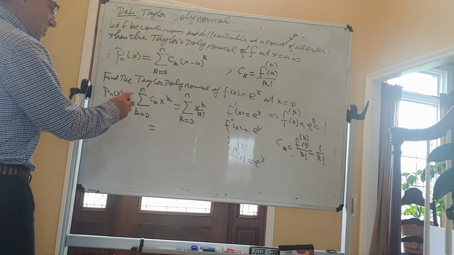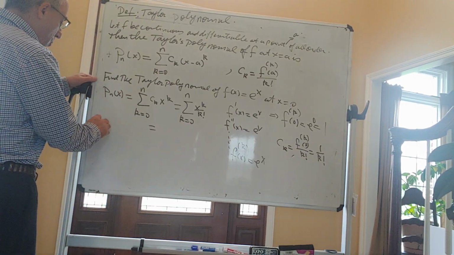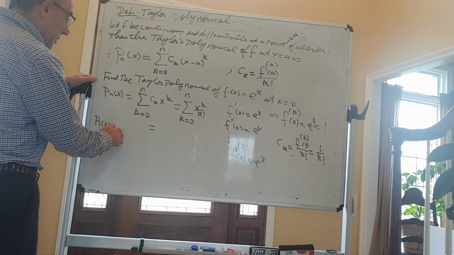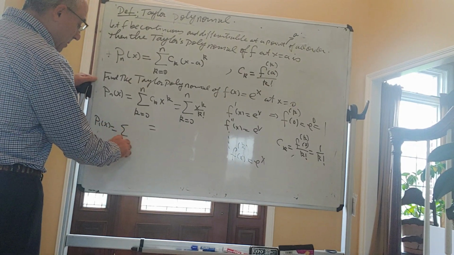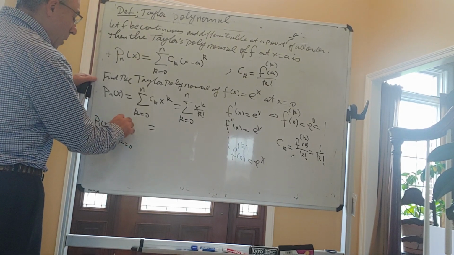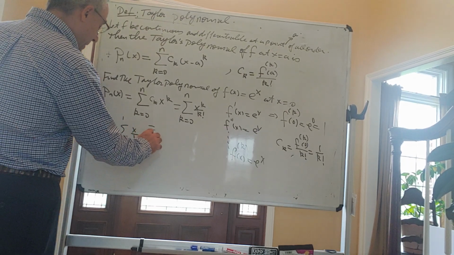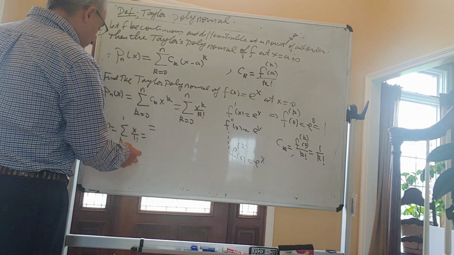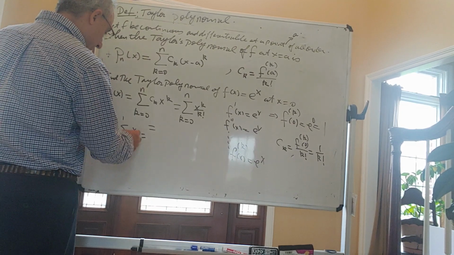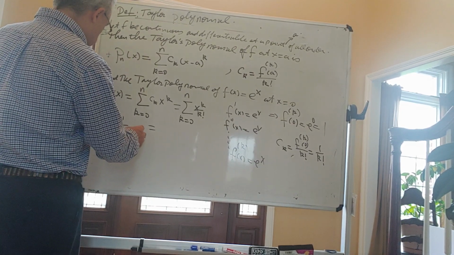Okay, so if you write this out, let's say we want P1 of x. P1 of x is the sum from k equals 0 to 1 of x to the k over k factorial.